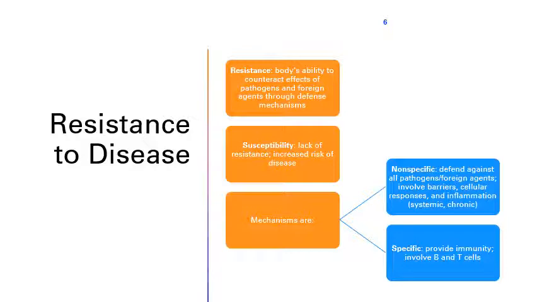The specific defense mechanisms are when the B cells and the T cells are going to get involved. So that has to do with the ability of my body to respond to whatever that thing is that I don't want in my body. So that's a specific defense mechanism.